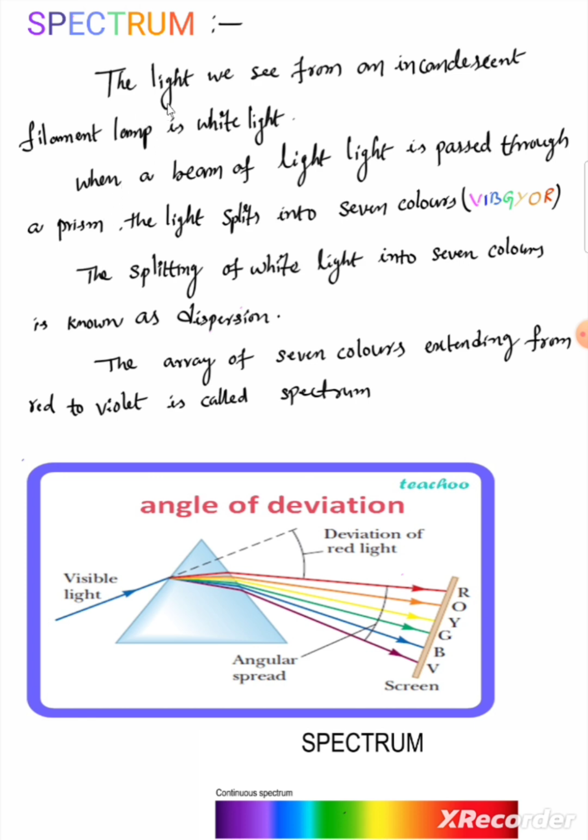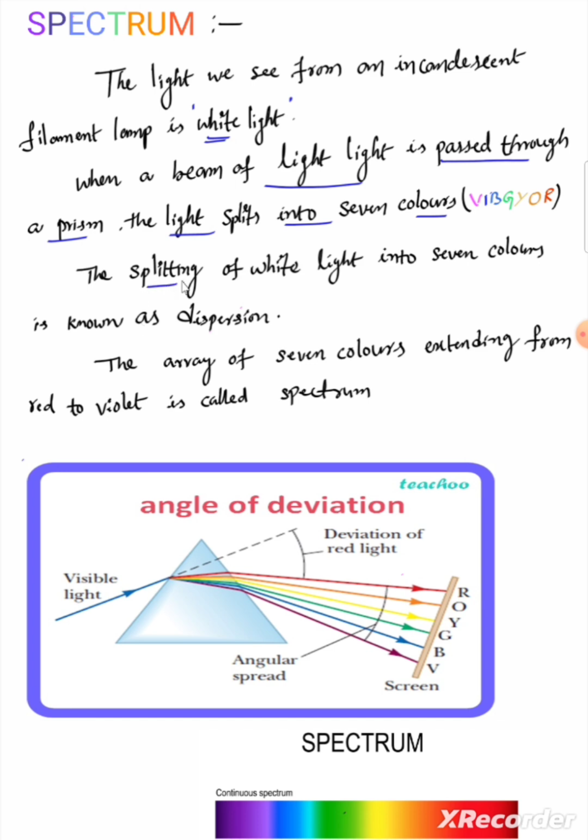The light we see from an incandescent filament lamp is called white light. When a beam of white light is passed through a prism, the light splits into 7 colors.